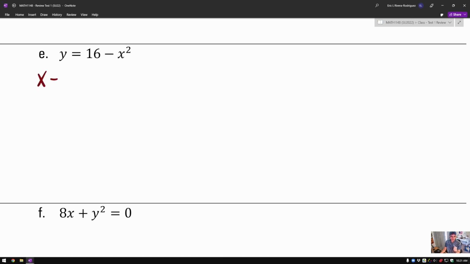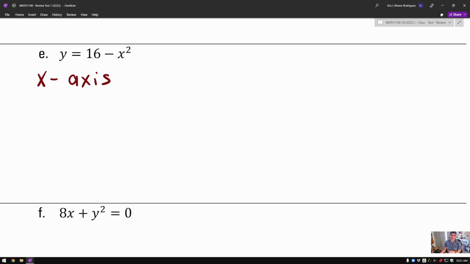So we are going to test the symmetry with respect to the x-axis of this equation, of this graph. What are you going to do in order to test the symmetry with respect to the x-axis?